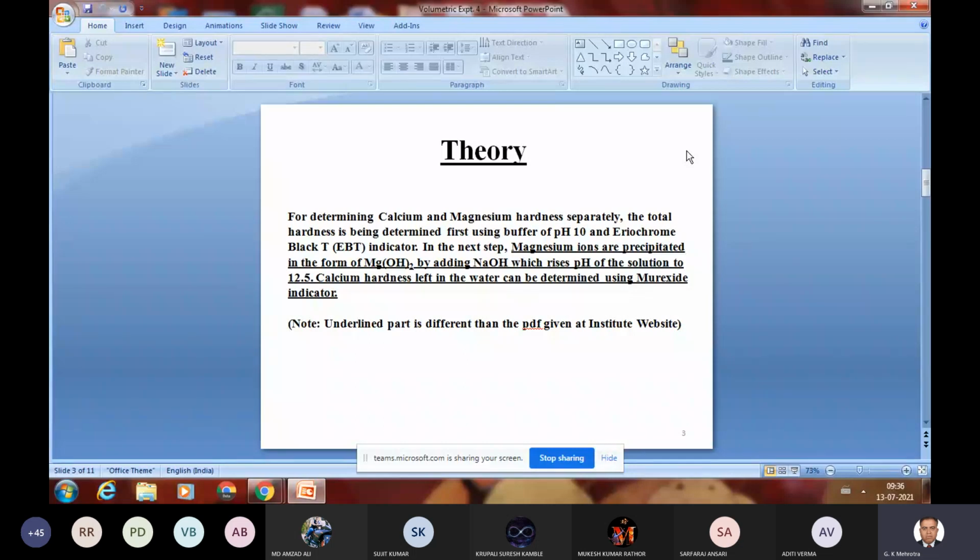It is the fundamental thing in water chemistry that both hardness and alkalinity are expressed in terms of CaCO3 equivalent. Why? Because, number one, CaCO3 has a molecular weight of 100, making it easy to convert each and every hardness causing substance into CaCO3 equivalent. And second, calcium carbonate is the most commonly encountered precipitated salt in water analysis. This is the reason for using it.